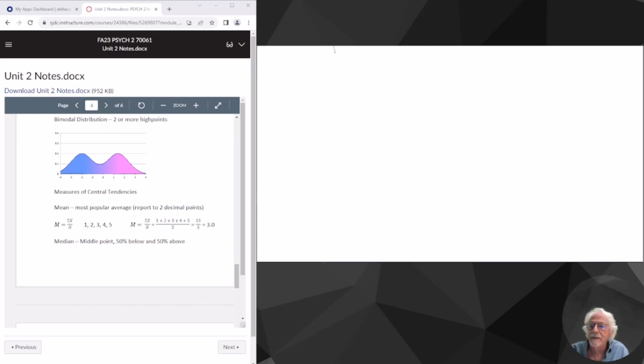So I've got M equals the sum of x over n. And my scores are 1, 2, 3, 4, 5.